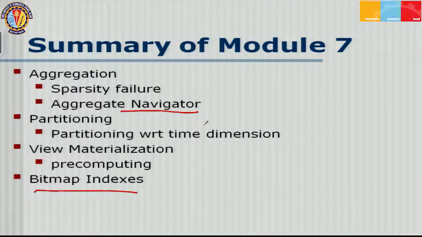Moreover, partitioning with respect to time gives you many other advantages in terms of administration and maintenance of the data in the data warehouse. Then we come to view materialization, which is nothing but pre-computing the results and storing them. This helps us in speeding up the queries.